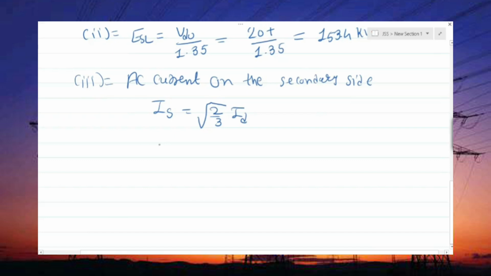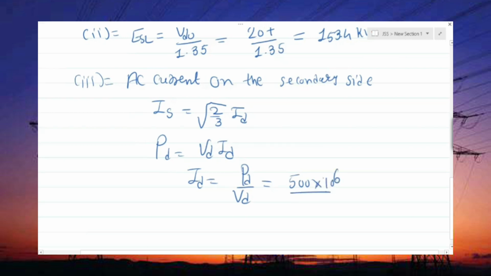Here ID is unknown, but you know the equation PD is equal to VD ID. The power is already given in your data, 500 megawatt, and the voltage VD is 200 kV. So ID is equal to PD upon VD, which is 500 into 10 raised to 6 divided by 200 kV.